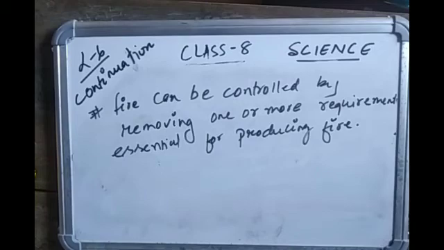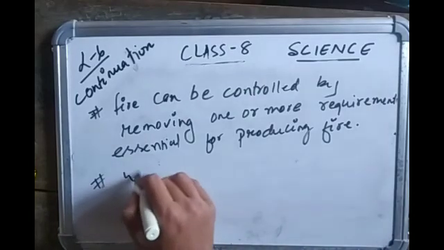So the fire extinguisher focuses on the removal of the remaining two, that is, lowering the temperature of the combustible substance below its ignition temperature, or cutting off the air supply, that is, oxygen supply. Water is commonly used to control fire.